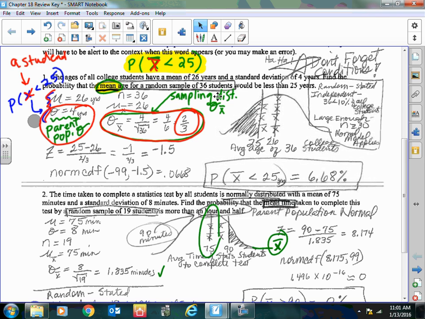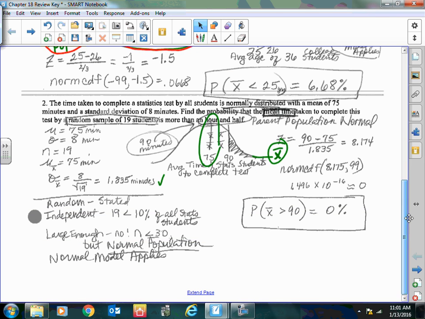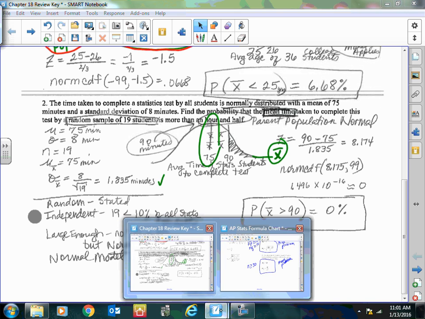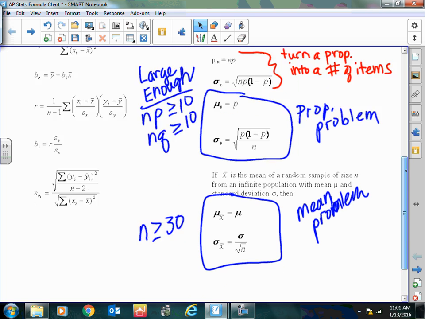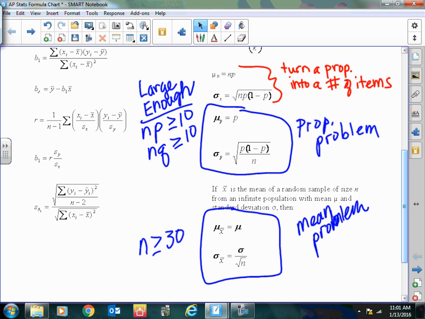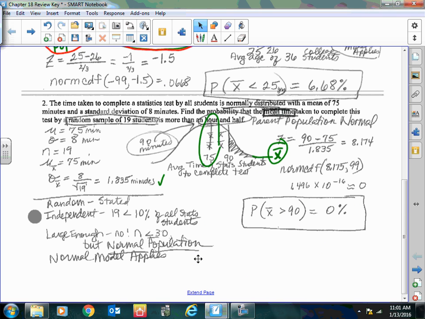Okay, this next one, some people were a little concerned. First of all, it's a mean problem. And remember that on mean problems, large enough means a sample size greater than or equal to 30. In this case, it didn't have a sample that was large enough; the sample size was 19.